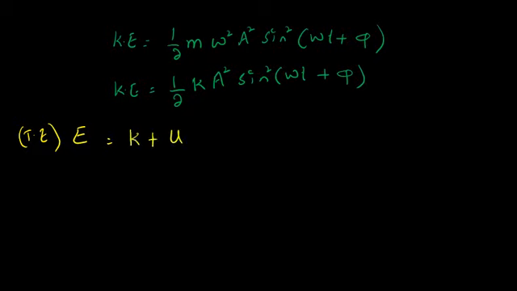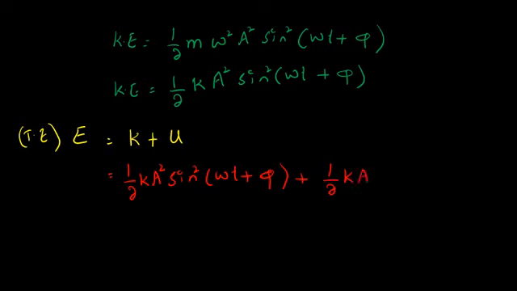Putting in the values, E equals 1/2 k A squared sine squared (omega t plus phi) plus 1/2 k A squared cosine squared (omega t plus phi).